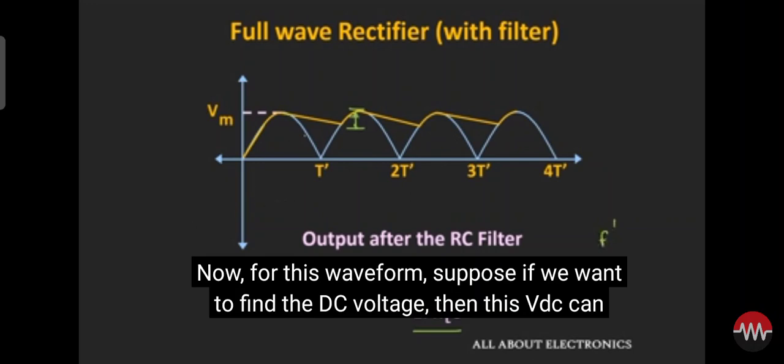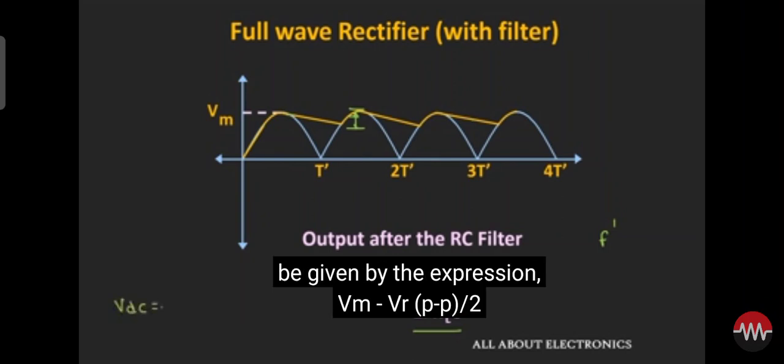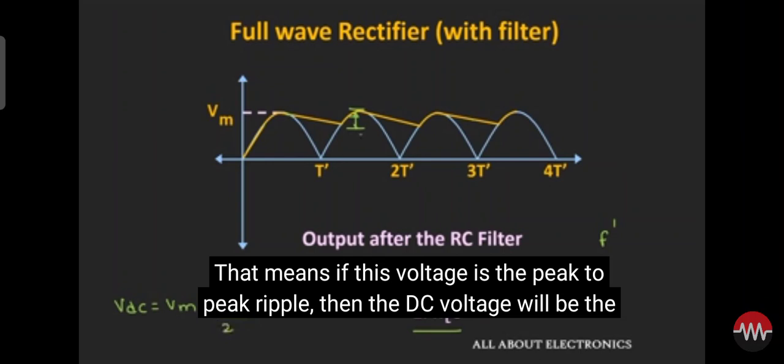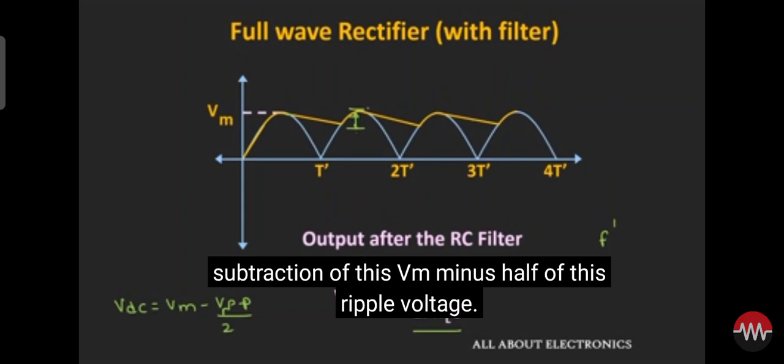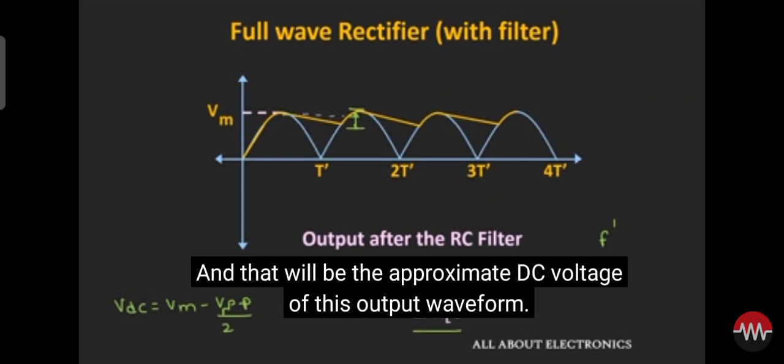Now for this waveform, if you want to find the DC voltage, then this VDC can be given by the expression Vm minus V peak to peak ripple divided by 2. That means if this voltage is the peak to peak ripple, then the DC voltage will be Vm minus half of this ripple voltage, and that will be the approximate DC voltage of this output waveform.